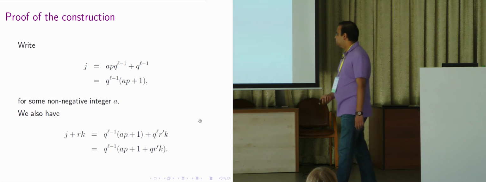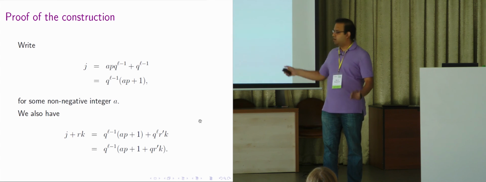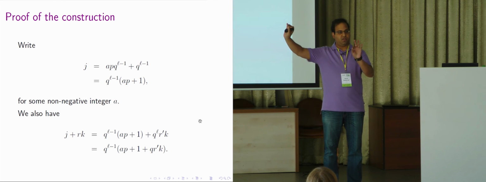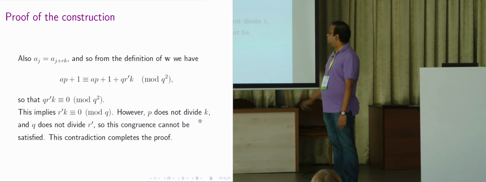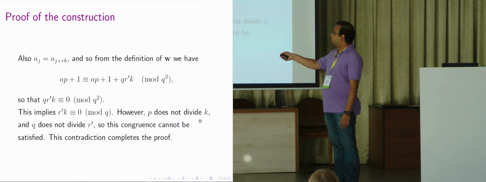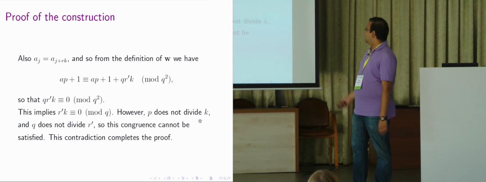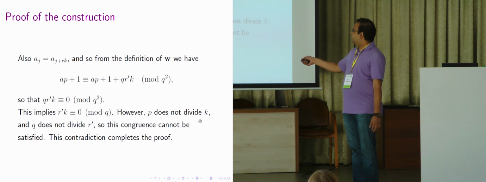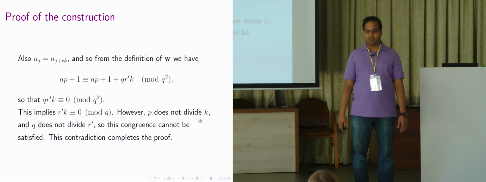Remember, j is some position in the first block, j plus rk is the corresponding position in the second repeated block. So of course, because this is a repetition, these are the same. And therefore, j and j plus rk must be congruent mod q squared.